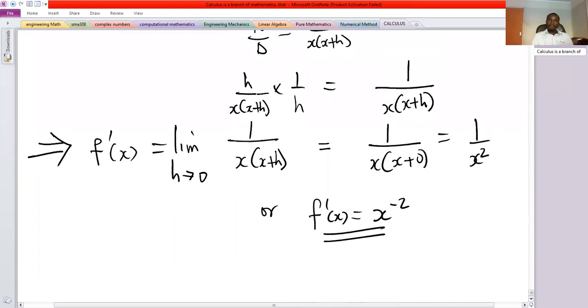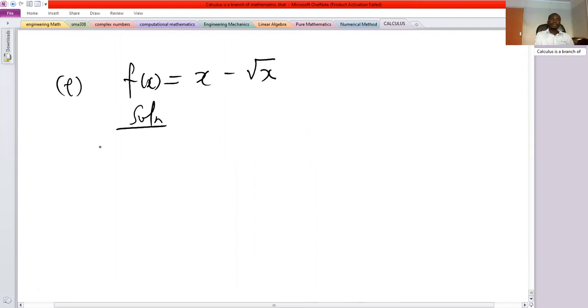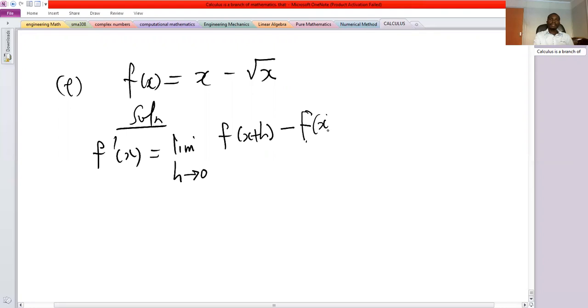Second last problem. E is f of x given by x minus root x. So by definition, f prime of x is the limit as h approaches 0 of f of x plus h minus f of x divided by h.